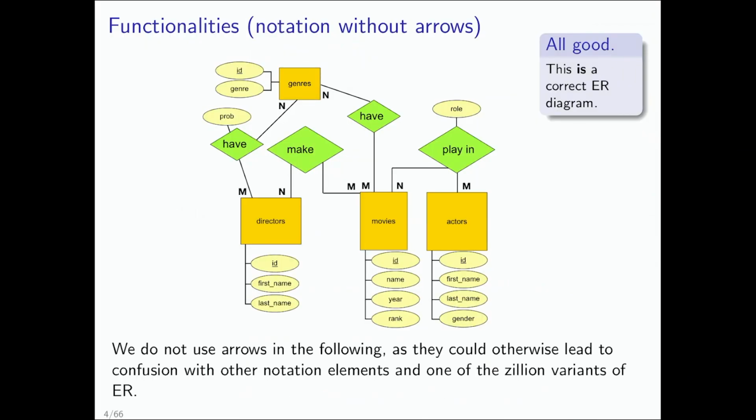And then we ended up learning entity relationship modeling with all its components. We did that at length, looking at entity types, relationship types, attributes, and then these functionalities. Here it's only N-to-M, but it can be N-to-1 or one-to-one and so forth. So this is a correct entity relationship diagram.